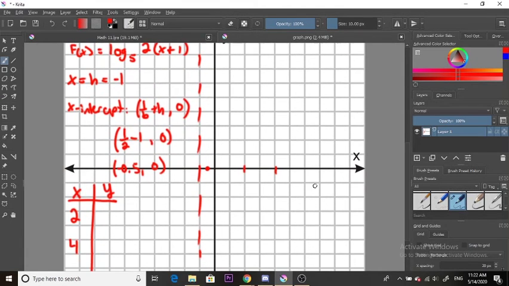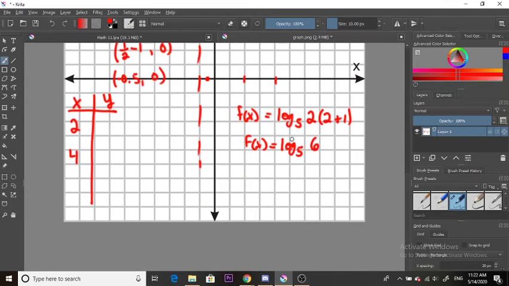So f of x is equal to log base 5 of, oops, it's supposed to be 2 times 2 plus 1. So I would get 2 plus 1 is 3. 2 times 3 is 6.